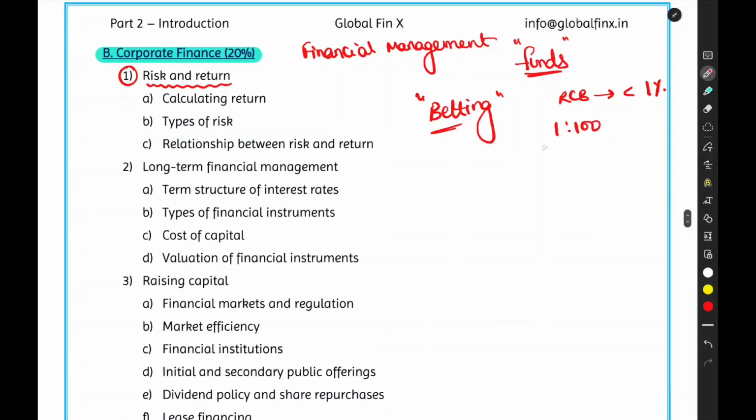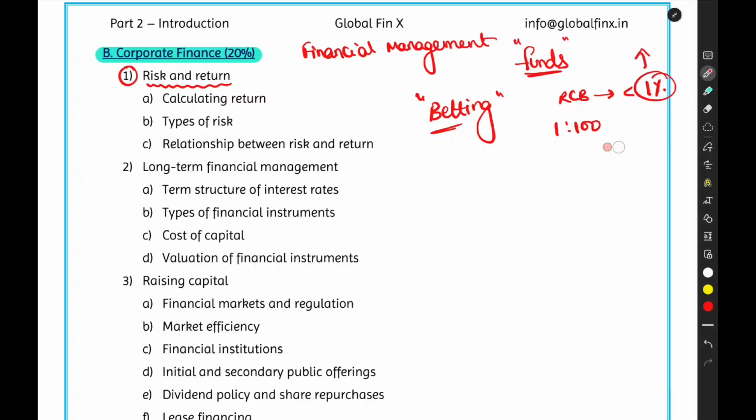So if somebody bets 1000 rupees, their return would be 1 lakh. Because the risk is so high, the return is also very high.